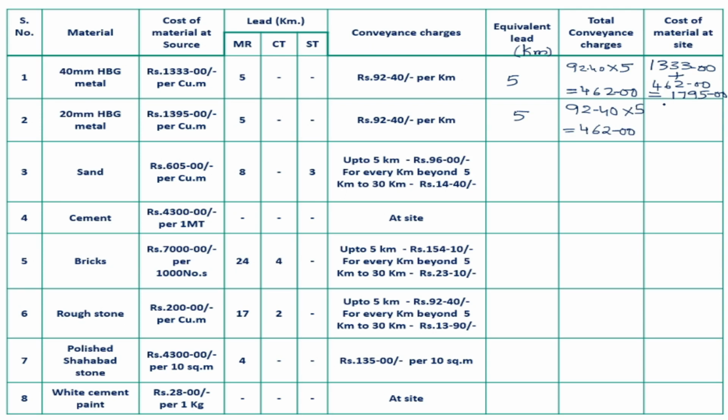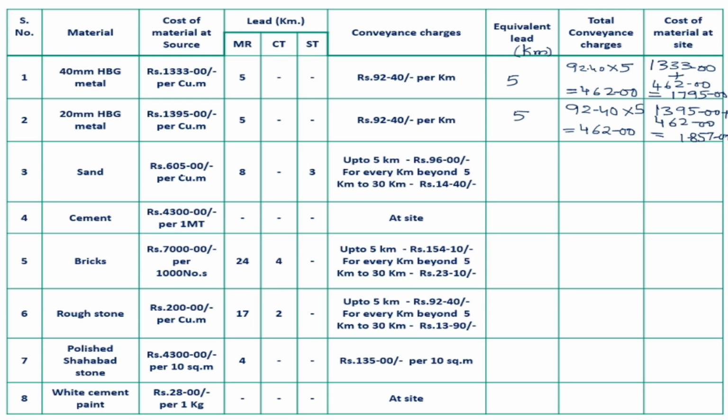Cost of material at site is equal to cost of material at source plus total conveyance charges, 1395 rupees plus 462 rupees, which is equal to 1857 rupees.